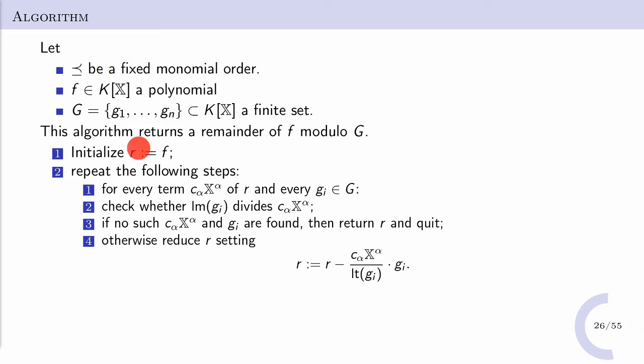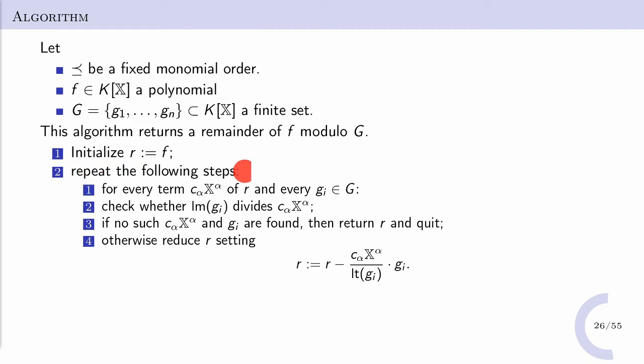We start with initializing R to be the polynomial f, and we repeat indefinitely the following steps. So we look for all the terms of R and all the polynomials of G. So we have in fact 3 loops here.